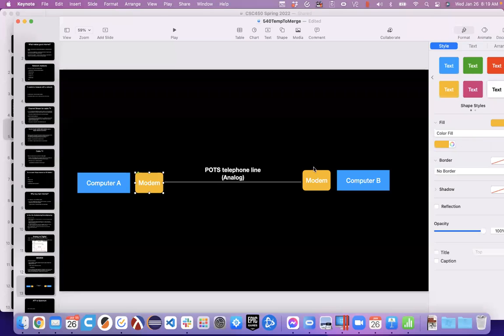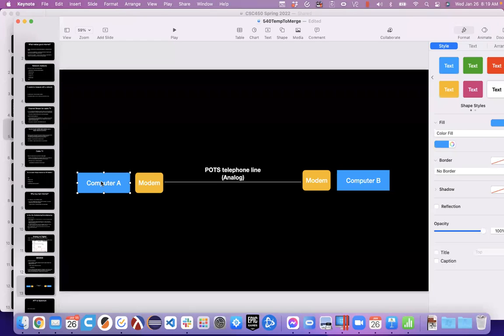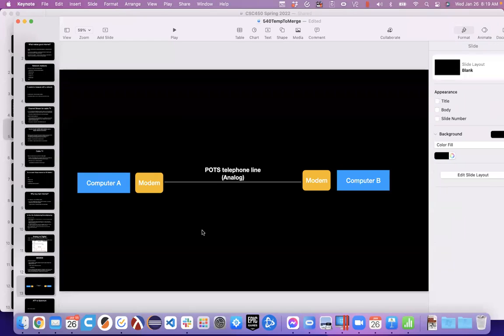And those modems are doing the interpretation between digital to analog and from analog back to digital, modulating and demodulating. All right, that makes sense?